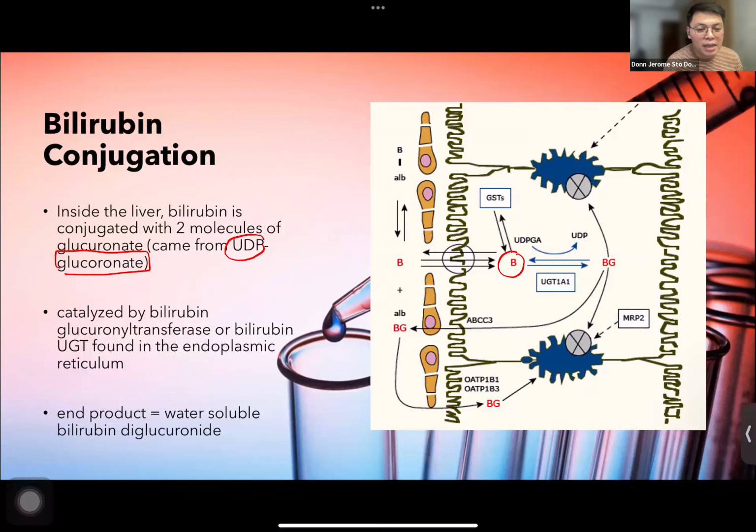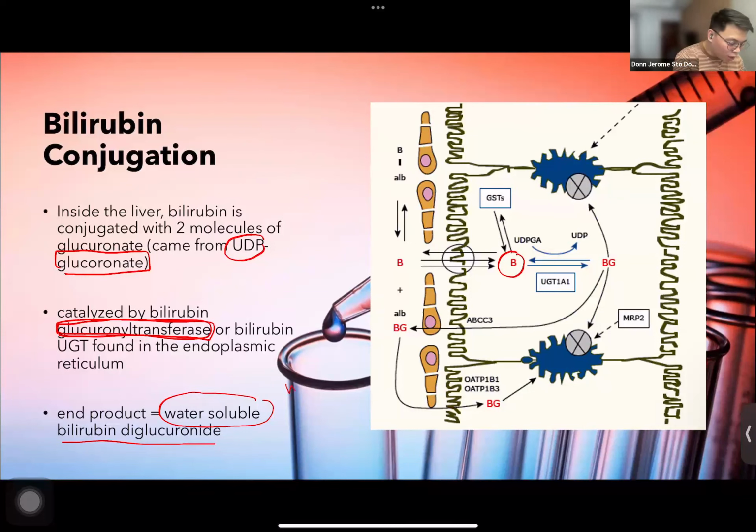Yes, Doc, kinabitan natin ng acid. 2 glucuronic acid. The enzyme that will do that is UDP, glucuronyl transferase, or UDP, glucuronyl transferase. Parehas lang po yun. Okay? It will now convert your bilirubin into a water-soluble bilirubin called bilirubin diglucuronide.